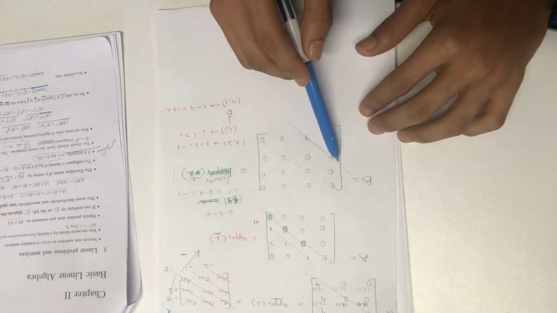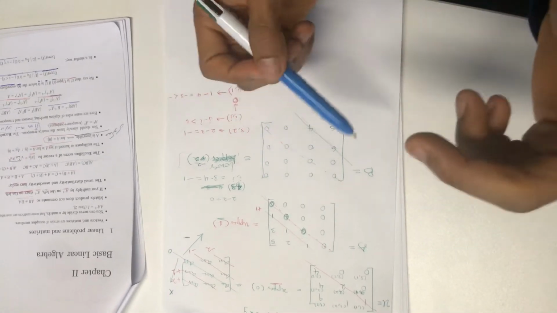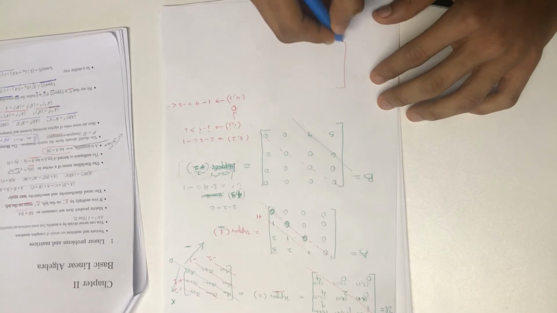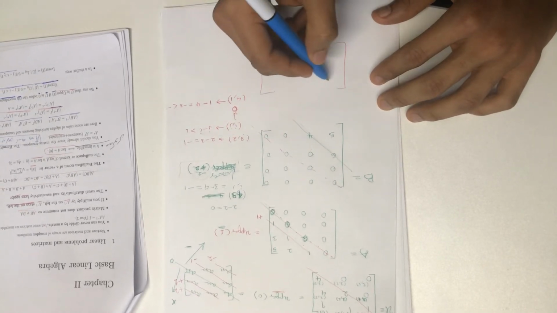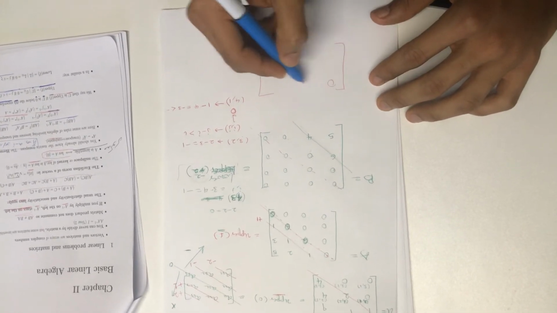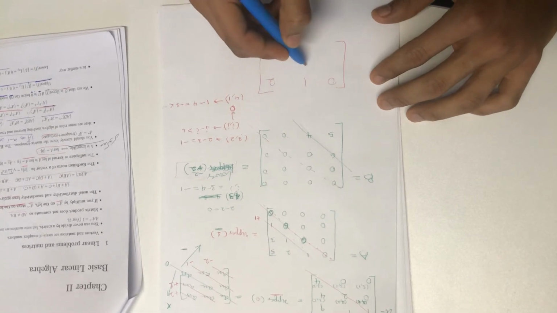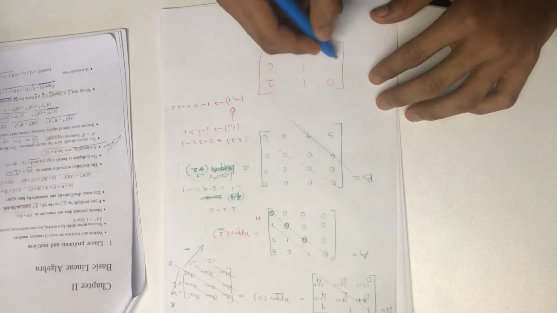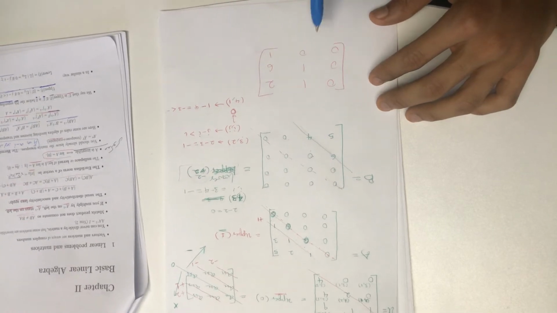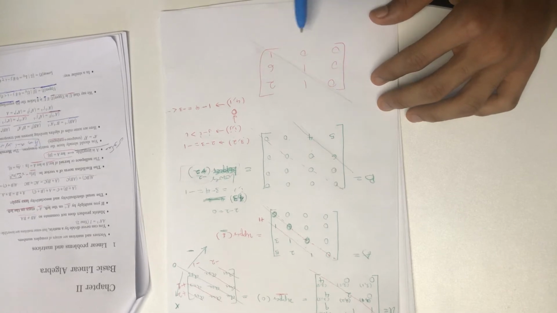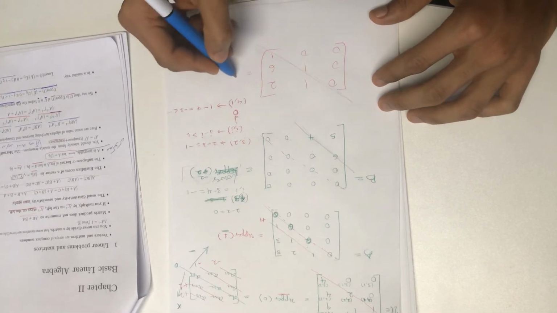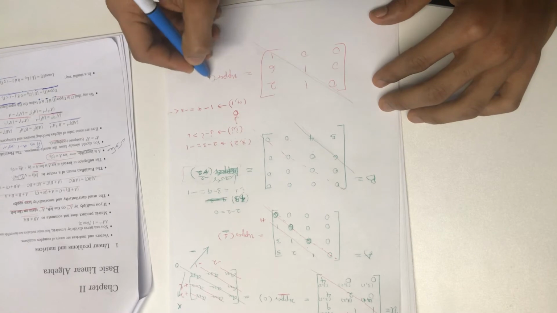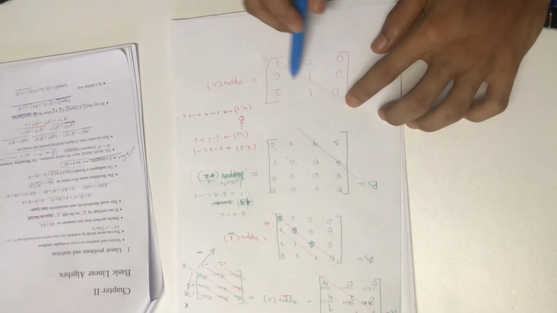So for example, you can have a matrix like this: 0, 1, 2, 2, 1, 6, 1, 0, 0, 0. Now if you see here, this is upper 0, because everybody here is not completely 0.